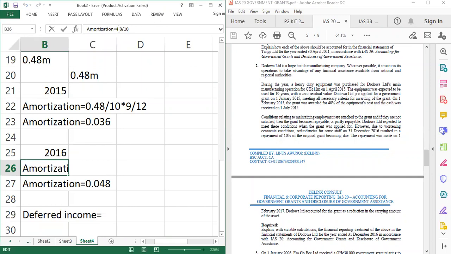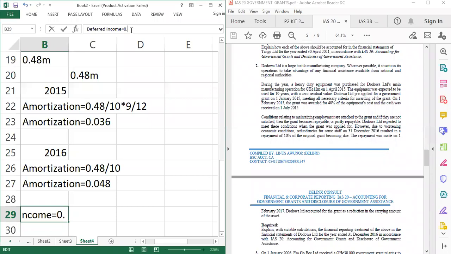So it means that we have used 0.036 and 0.048 of this particular grant for the 2 years. What will be the balance left on this? 0.408. It will be 0.48 minus 0.036 minus 0.048.